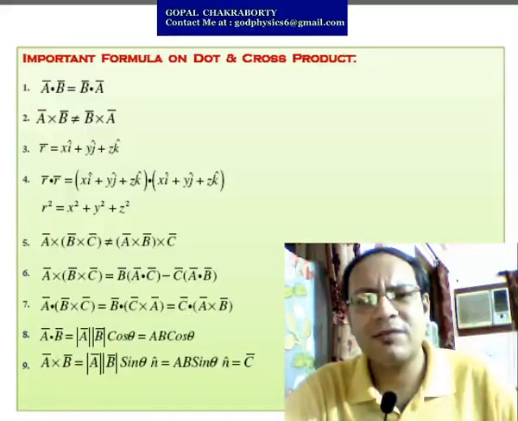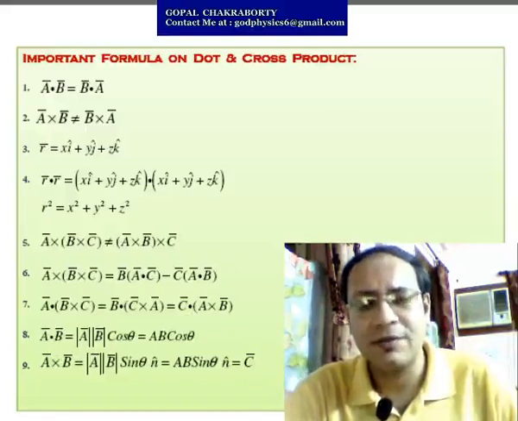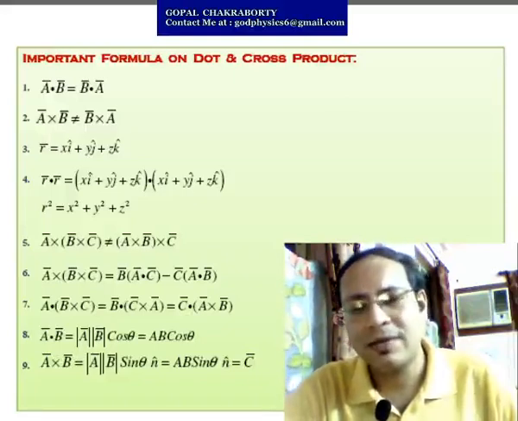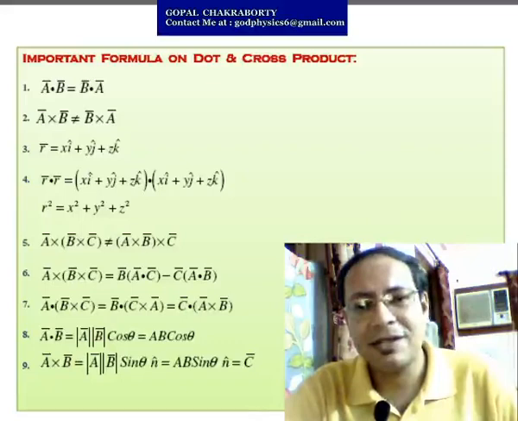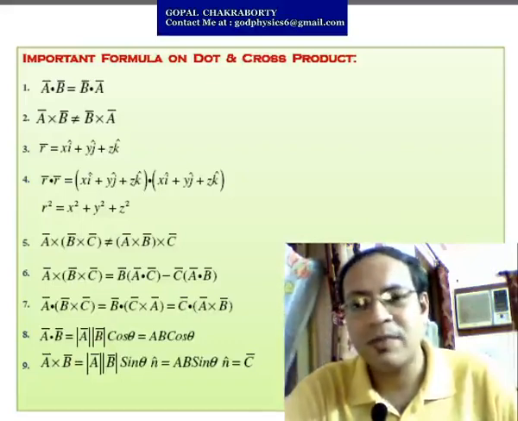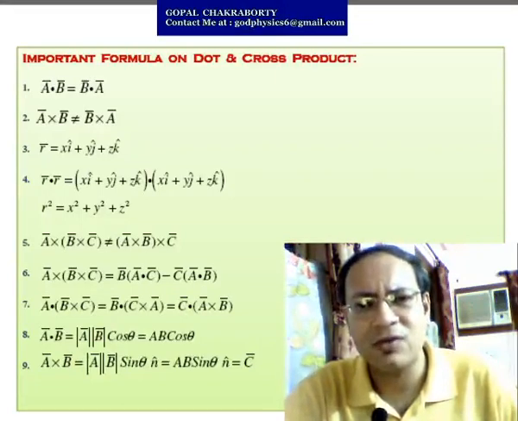If you look in the books, you will find at least 100 to 200 formulas, but for the B.Tech first year degree course, you don't need to remember all these formulas. These are almost sufficient to solve the numericals.